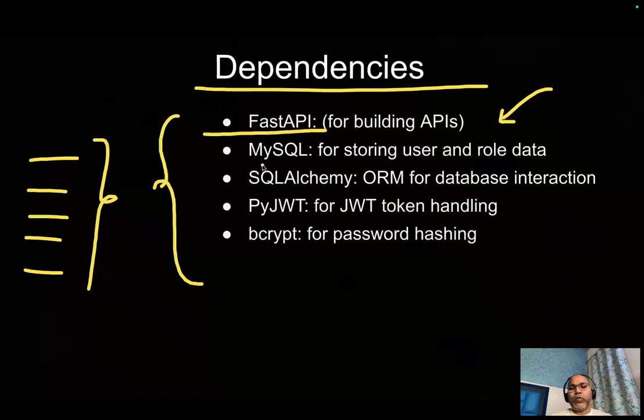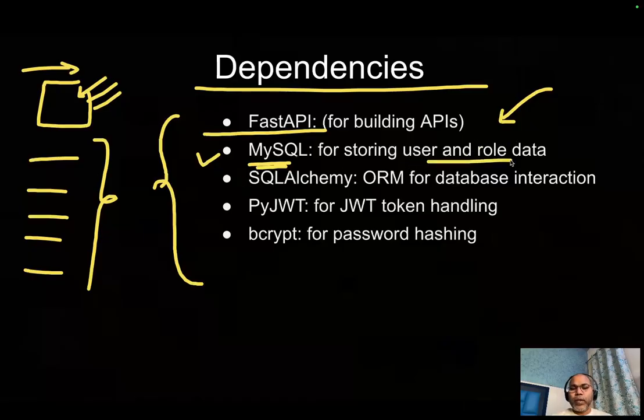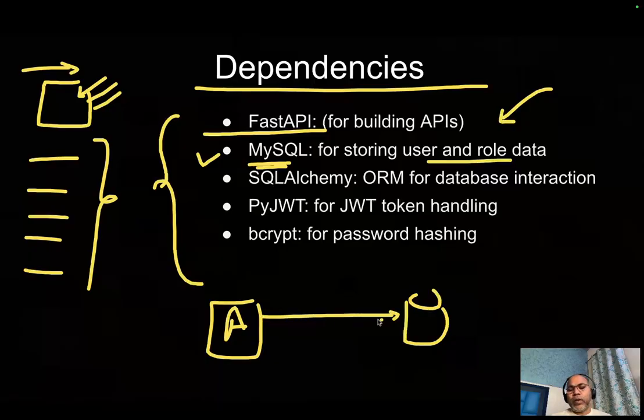And here we are going to use MySQL. The user data, with role and password and everything, will be stored in the database, so we use the MySQL database for storing users and their role data.